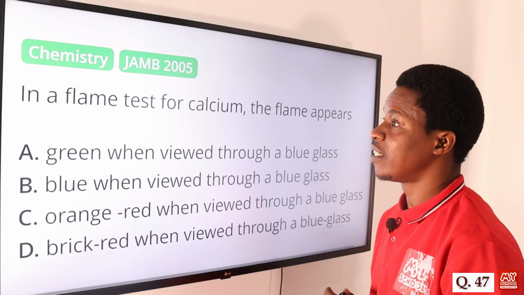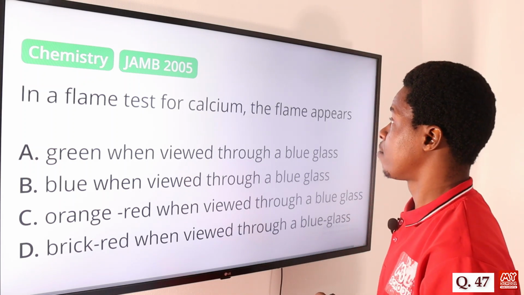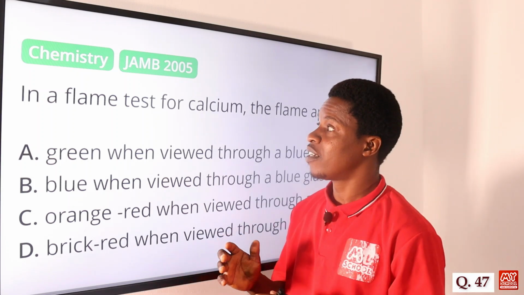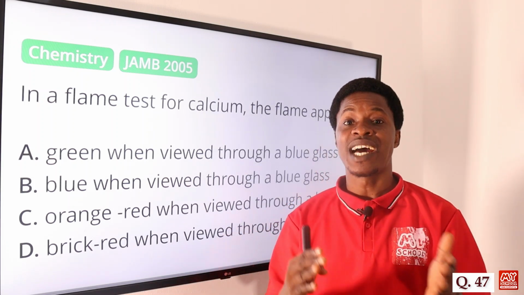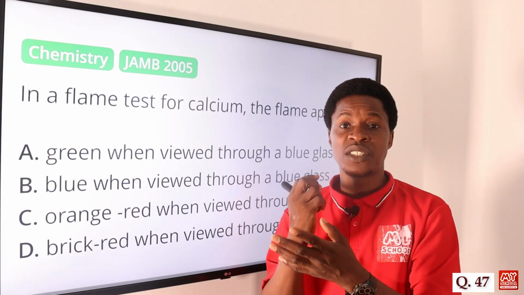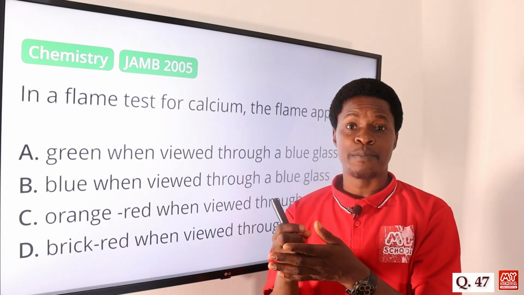Question 47. In a flame test for calcium, the flame appears what? This is one of the confirmatory tests of metals. Different metals produce different colors when they are brought into the flame, maybe let's say a Bunsen burner.